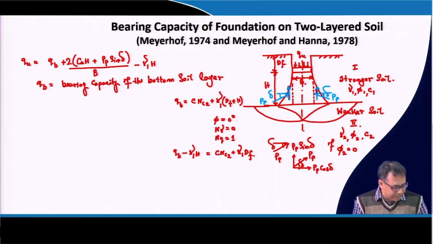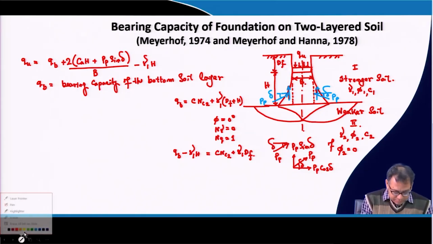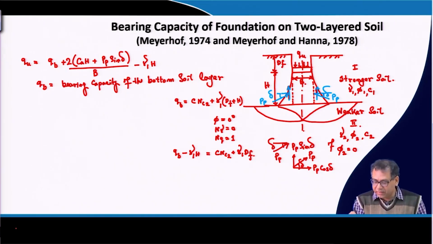further simplify this equation, the horizontal component of delta is acting here. Now, what is the passive pressure we have to calculate?